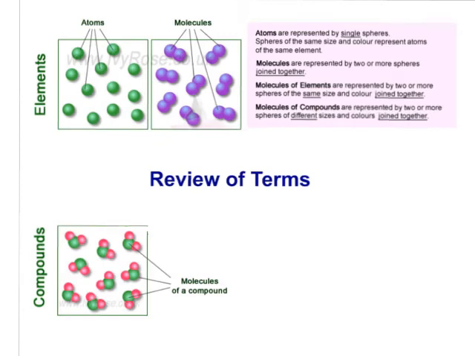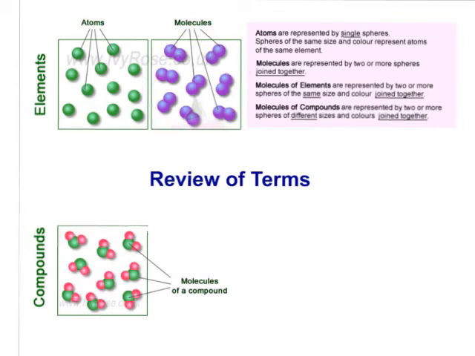Okay, here is a quick review. If we just look at these drawings, it helps us to look at what we've been talking about. Right here, it's a representation of atoms. Remember, atoms are the smallest particle. It can't be divided down further. And each of these represent an atom.